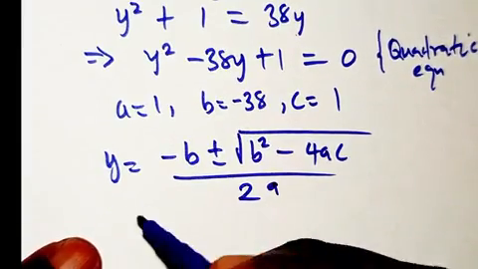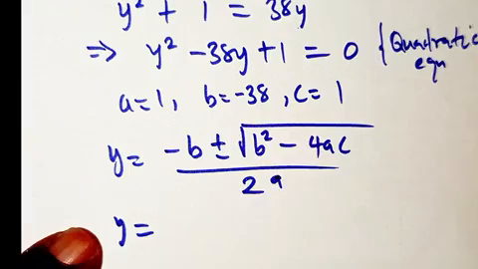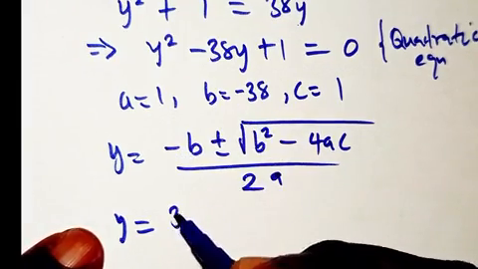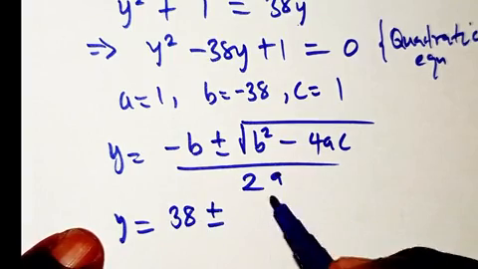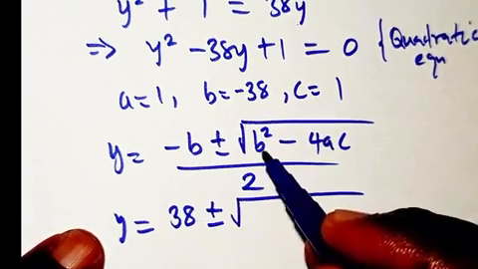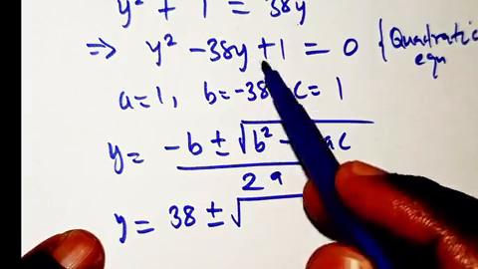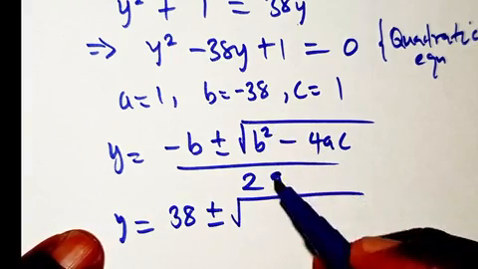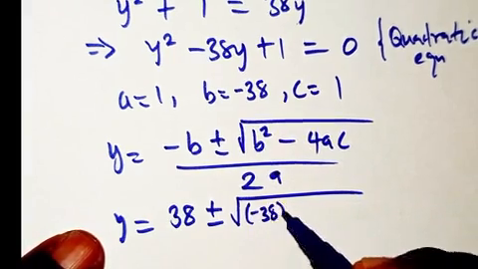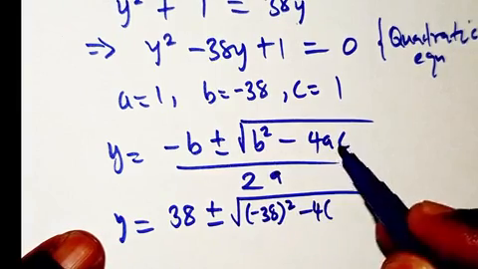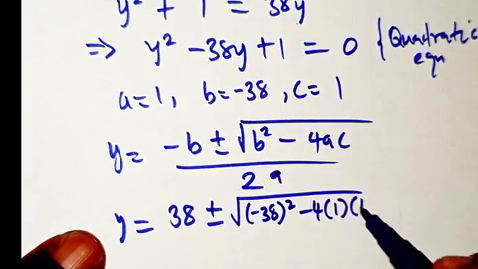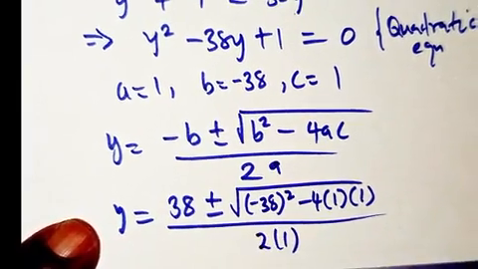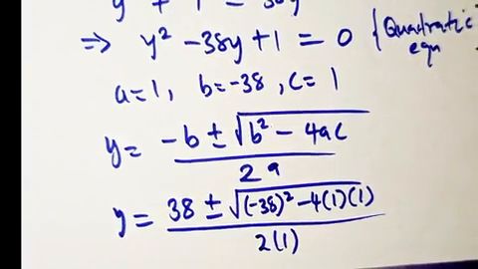So now we have y equals, b is minus 38, we cancel the minus, we have 38 plus or minus the square root of b squared, and since we are having a square, let me write it as minus 38 all squared minus 4 times a which is 1, then c is 1, all divided by 2 times 1, right?